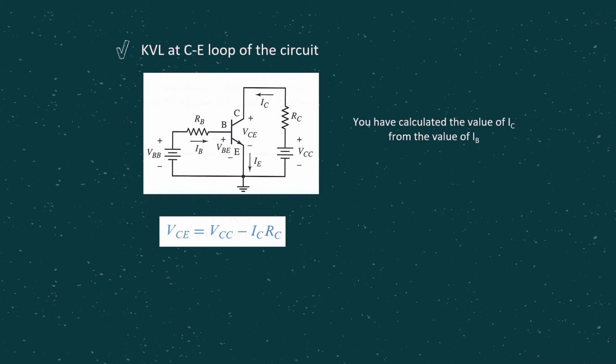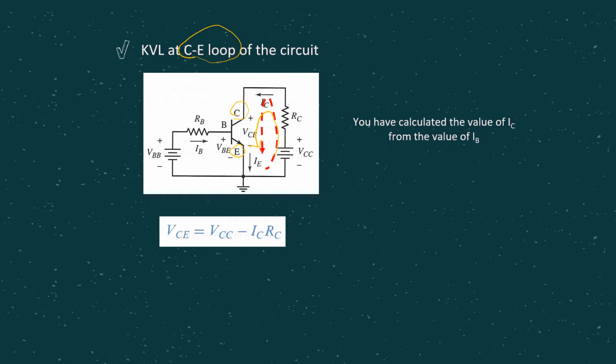Now let's have a look at the CE loop, which is also called the output loop. CE loop is the loop involving CE junction. So as you can see here, this is the C and this is the E. So the loop involving CE junction is this loop, right? So this is called CE loop, or sometimes it is called the output loop. What you can calculate from here, you can just do KVL equation.